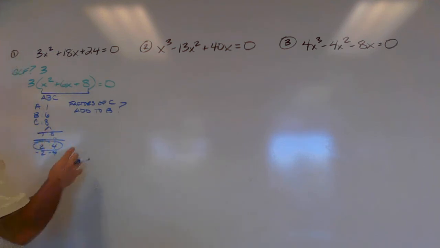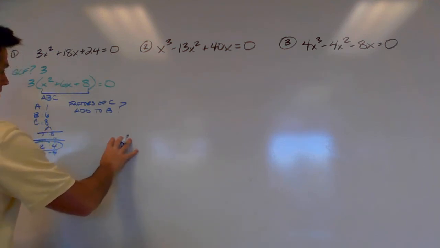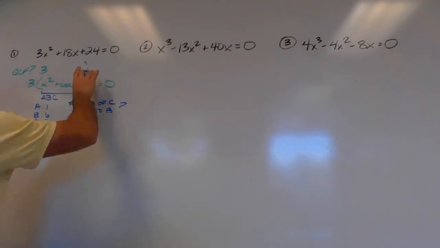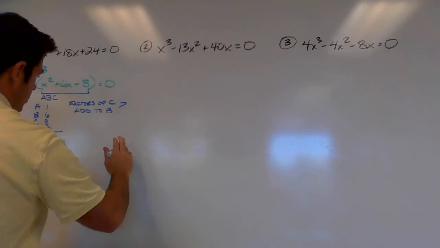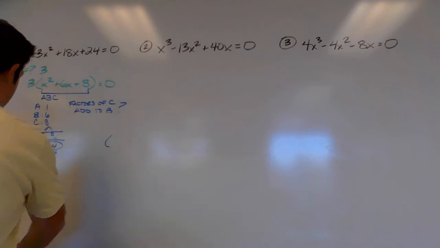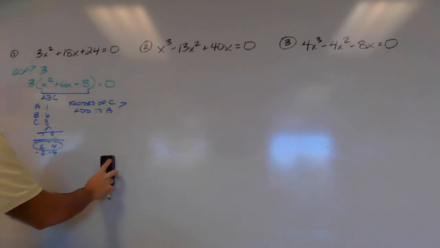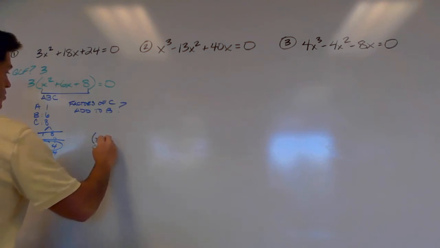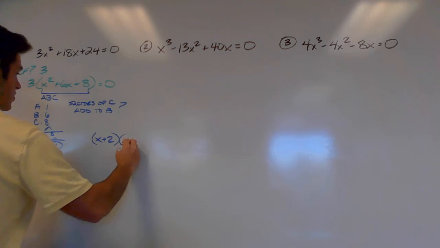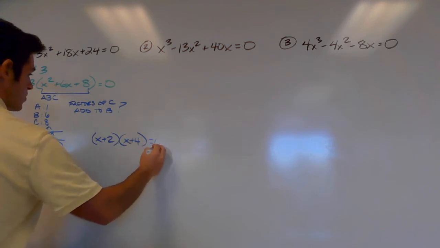What that gives me is that what was in parentheses is now going to become intercept form, standard form to intercept form. So I have x plus 2, x plus 4, still equal to 0.